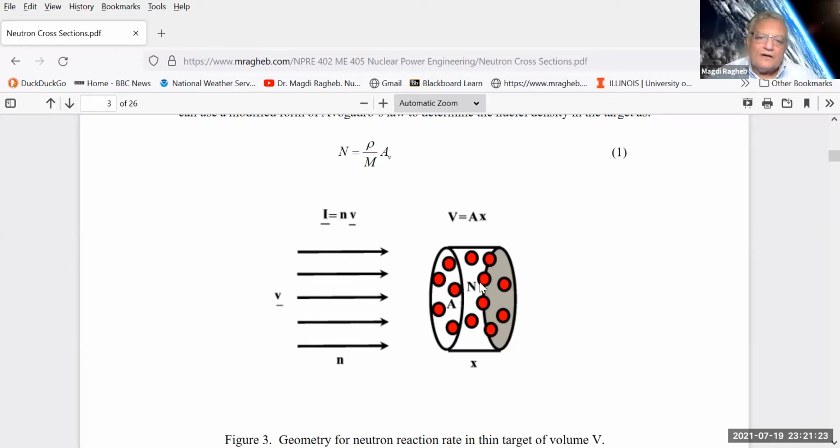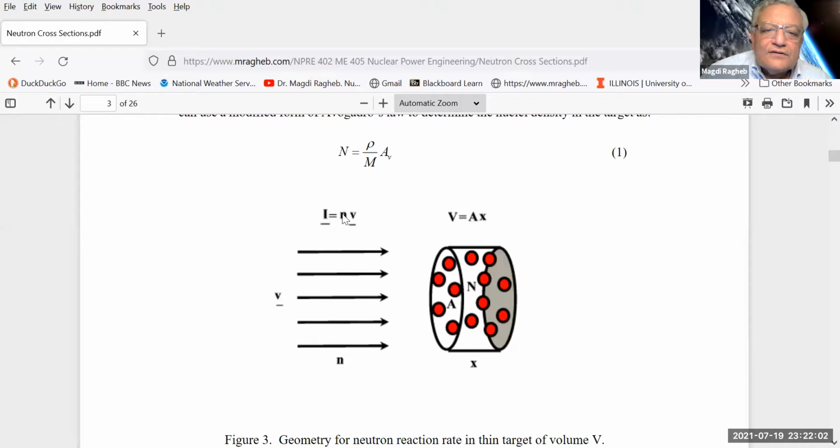So here, obviously, the higher the number of nuclei in the target, the higher the interaction of the neutrons with the target. And it doesn't depend only on the density of the nuclei in the target, it also depends on the density of the neutrons in the beam itself. So in that case, we denote the intensity, the density or the number of neutrons in the beam by small n, whereas capital N would be for the density of the nuclei in the target.